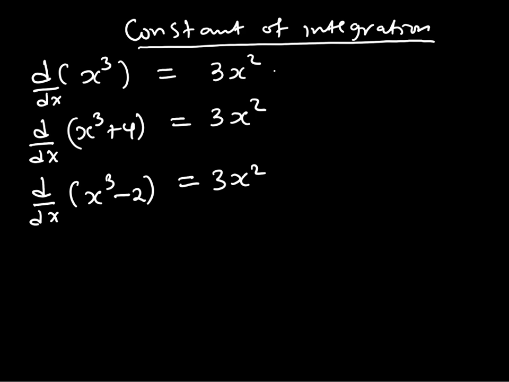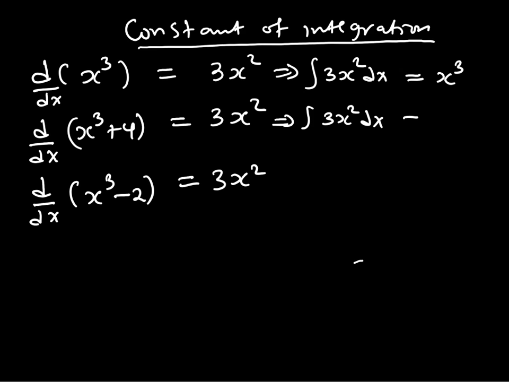Now here we can say that the integral of 3x squared with respect to x, you are tracing what was differentiated, and therefore what was differentiated is x cubed. Then someone can say that, seeing the function that was differentiated, when I integrate 3x squared with respect to x, I will be getting x cubed plus 4, because on the left hand side you are seeing a function that was differentiated, and when you are trying to trace that function, it's just easy.